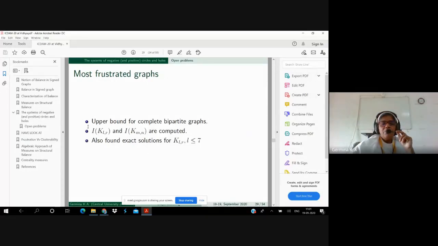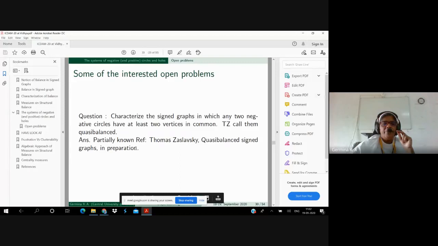So upper bounds for some complete bipartite graphs have been computed. This number for K_{L,R}, and the frustration index for K_{m,n}, are also computed. Also, Gupta and team have found some exact solutions for K_{L,R} where L is less than or equal to 7. All other problems in this area are open.